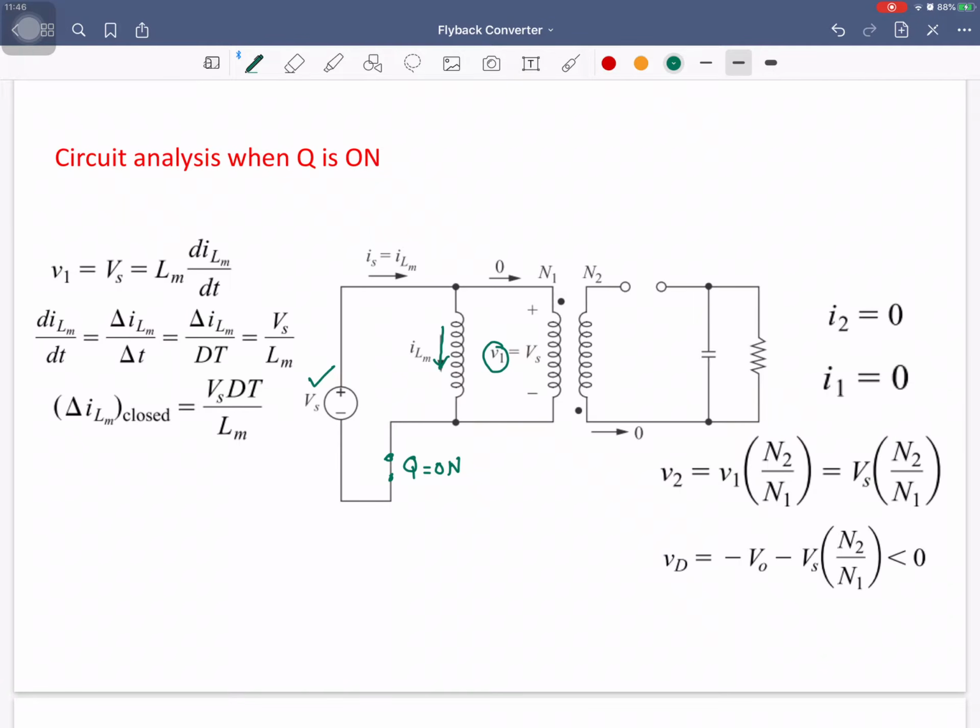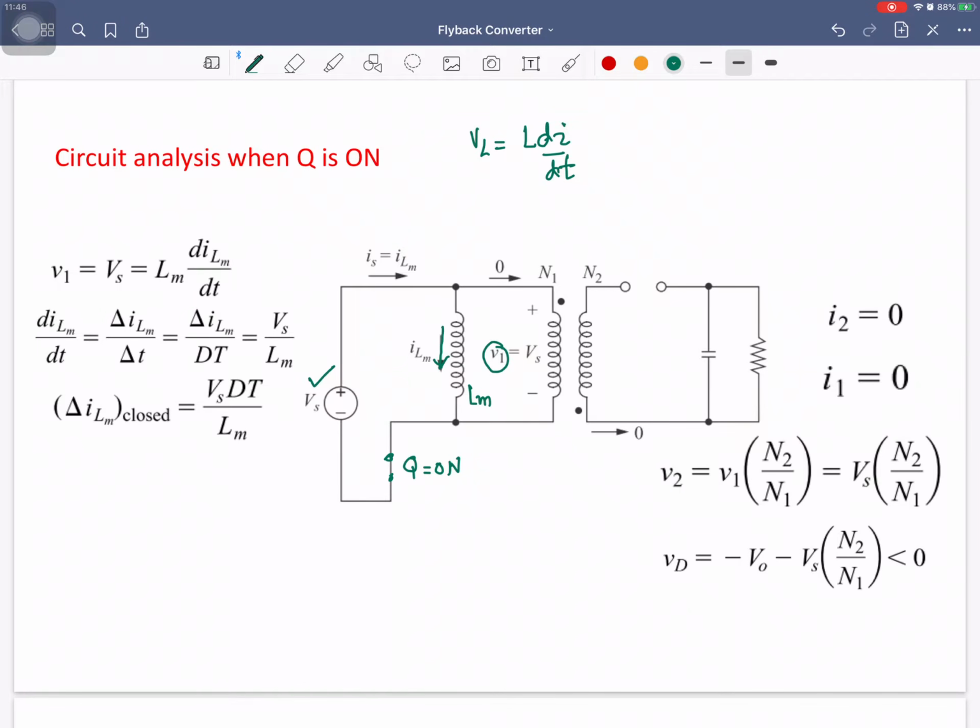So the inductor voltage, the voltage across this inductor, is given as L di by dt. Using this, I can say that V1 is equal to our supply voltage, and that should be equal to Lm into dILm by dt. So Lm is the inductance of this magnetization branch, and the current through that is ILm.